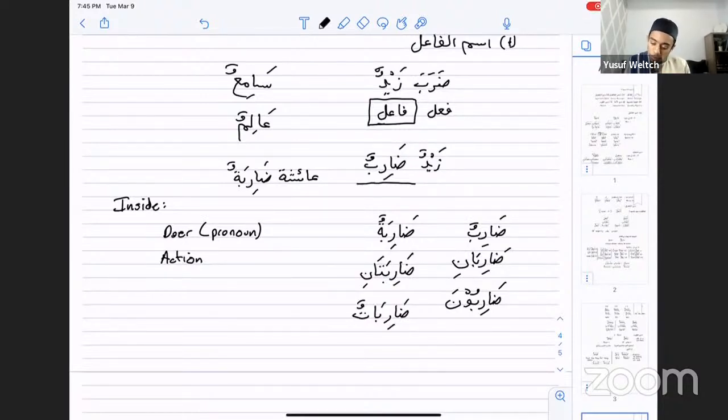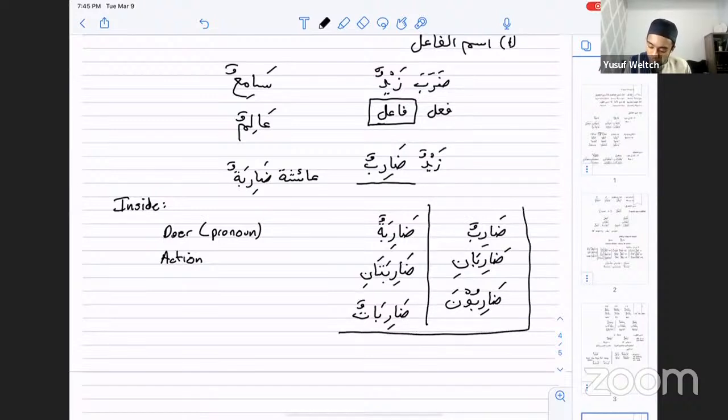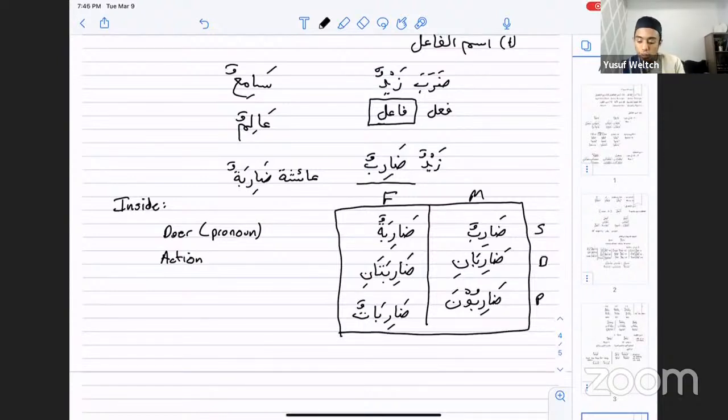Okay, so now with this scale, we can see that there's a section of it that's masculine, a section that's feminine, and there are singulars, duals, and plurals. That's why when you say daribun, it's automatically implied that you're talking about a singular male.